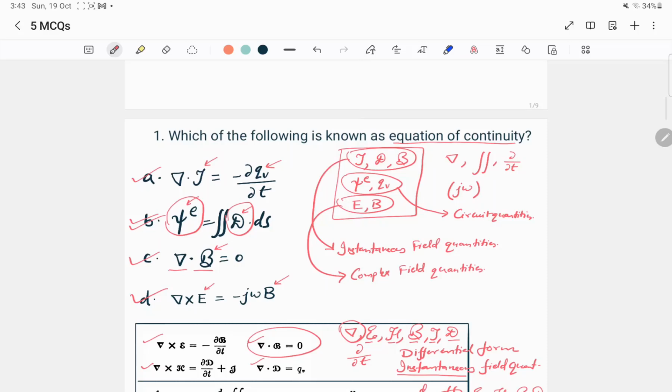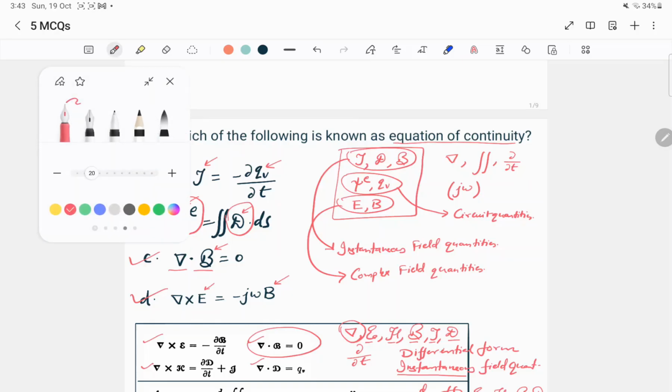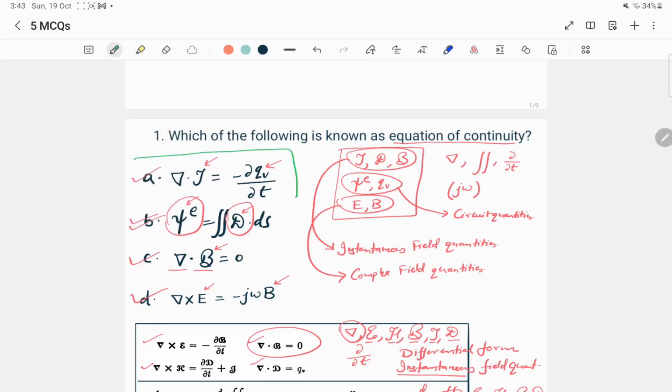Okay, so in this question you have been asked to find which of the following is known as equation of continuity. So the correct answer is option number A. A is the correct answer, which is equation of continuity.